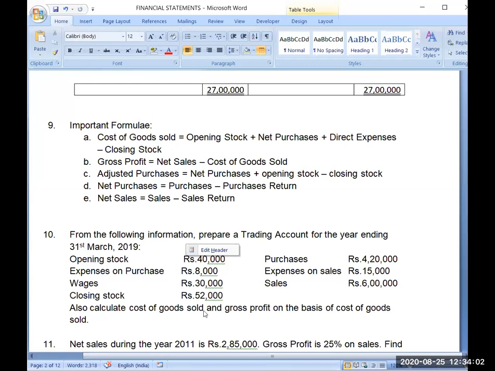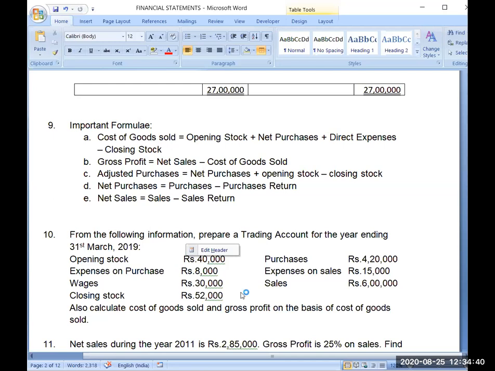Then the labor who has loaded that goods into some vehicle, and then when the goods have reached my godown, there would have been some labor that again unloaded that goods and put it into my godown. They will also charge something. That means wages. So I have paid transportation charges, and I have paid wages to the labor for bringing that goods to a sellable position. So that's why carriage and wages have been called direct expenses.